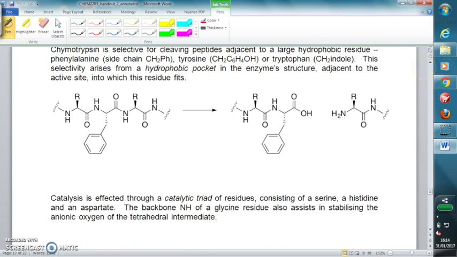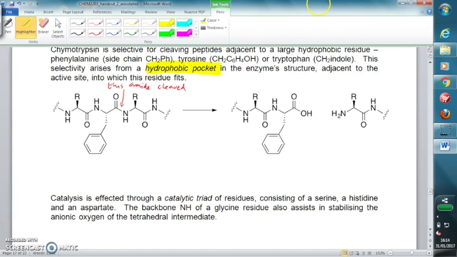So the first thing that happens is that the compound binds to the active site, and what we find is that there's a selectivity with chymotrypsin for hydrolyzing an amide bond adjacent to a large hydrophobic residue. So this amide is going to be cleaved, and that happens because in the active site there's a hydrophobic pocket.